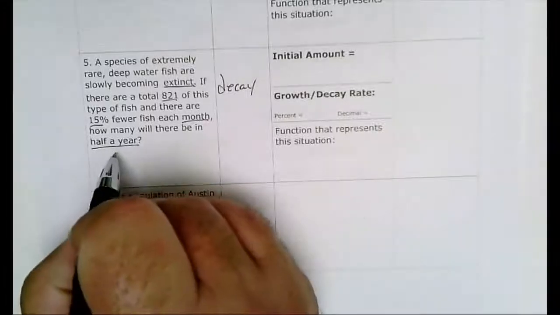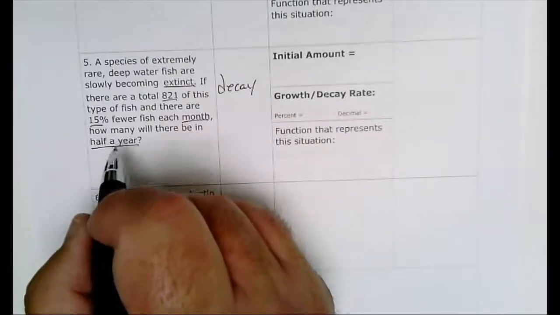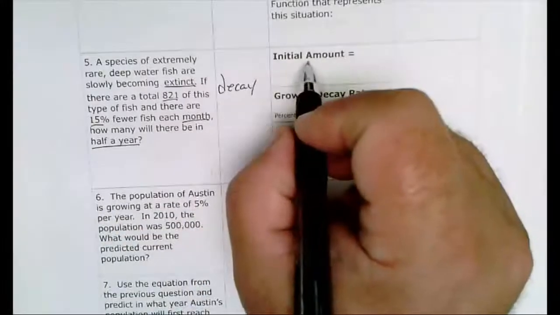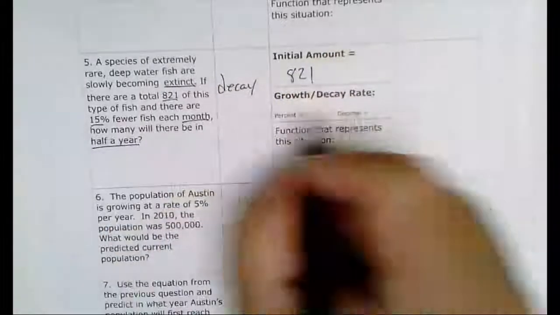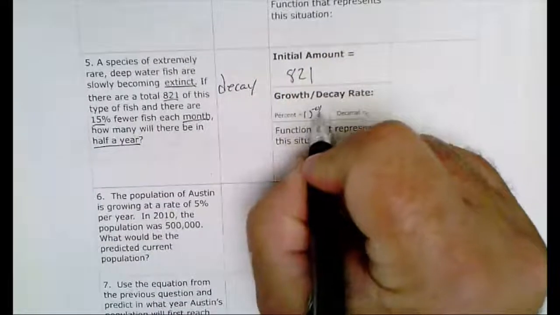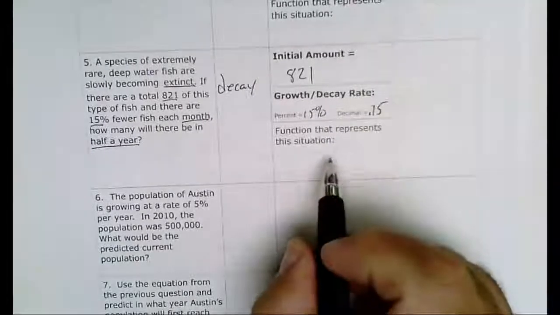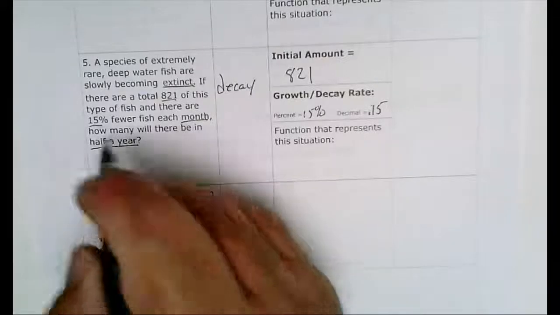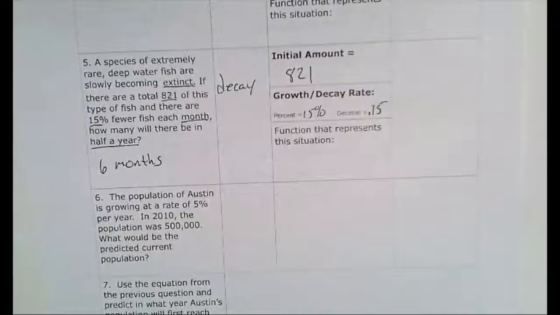I have to be able to tell what a half a year is. Okay, so my initial amount is 821. My percent is 15% each month. Okay, so each month, so a half a year. So how many months is that? That is 6 months. I hope everybody knew that. Okay, so this is decay.